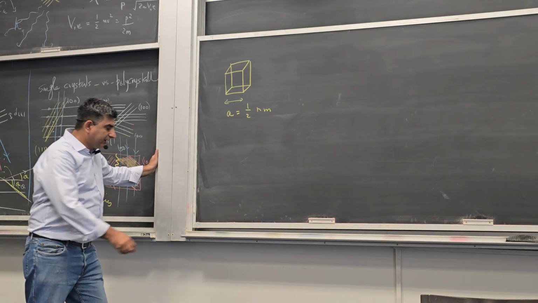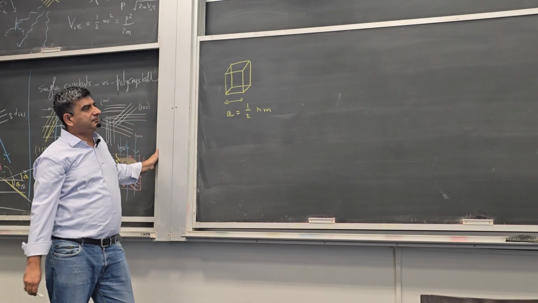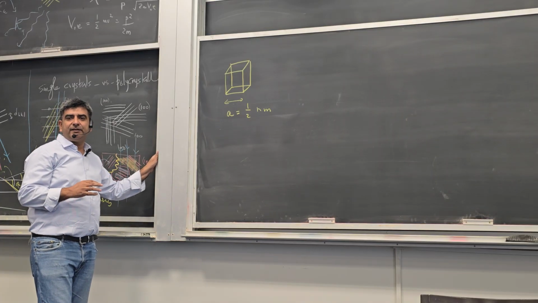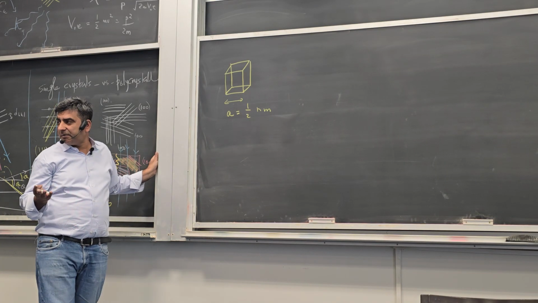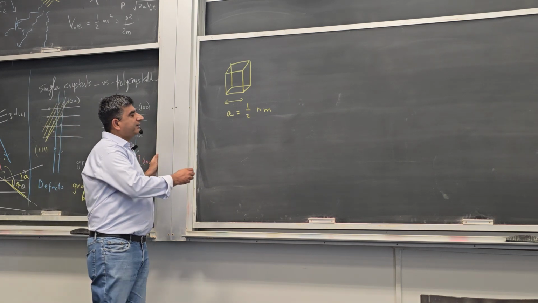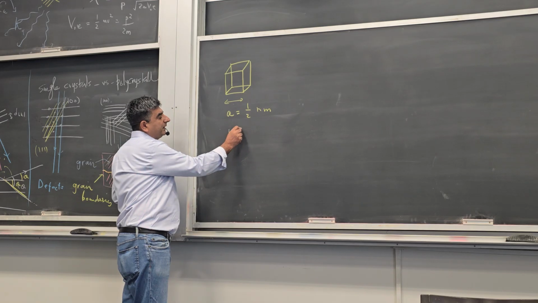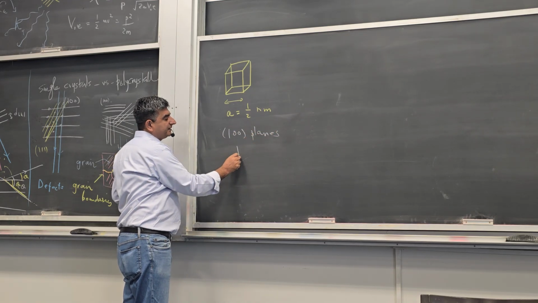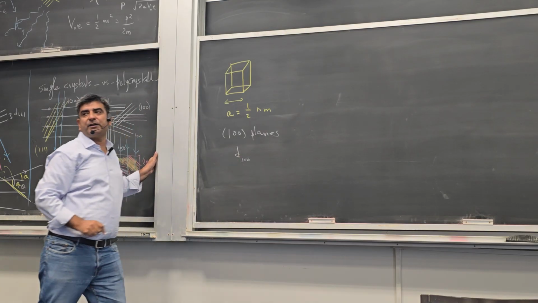Now this is one homework problem, that if I have a cubic system, then there will be HKL planes. If I were to take the 1, 0, 0 planes, then what is the spacing between these planes? What is d1,0,0?